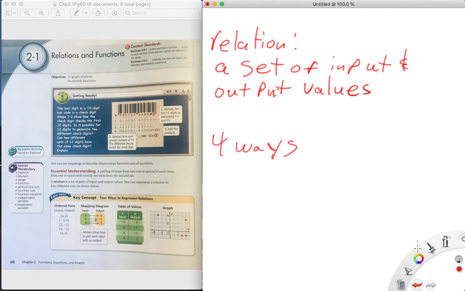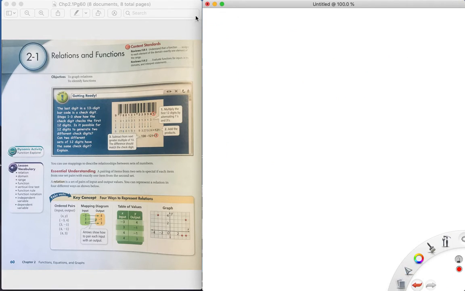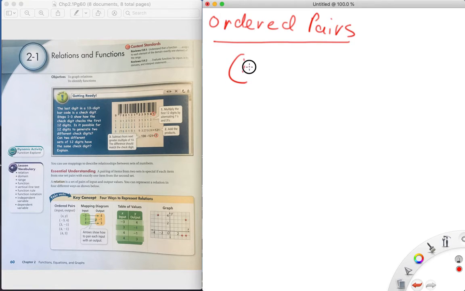The first way, and you're familiar with the vast majority of the ways, actually, is using ordered pairs. You guys already know what that is: X and Y on a coordinate plane. Your input is always your X value, and your output is always your Y values.